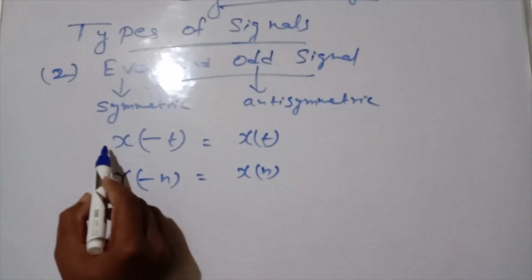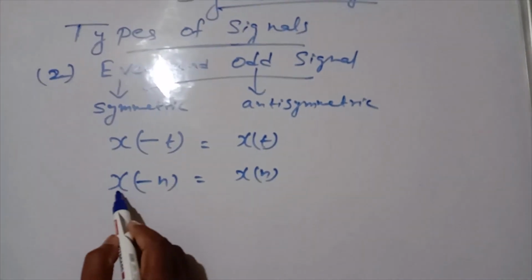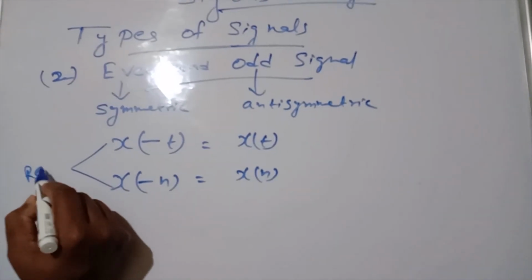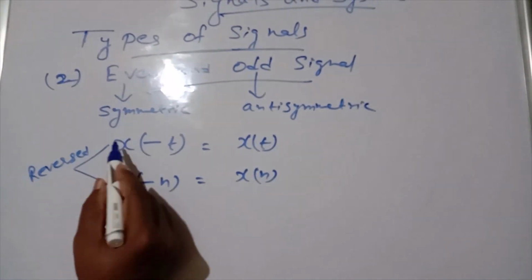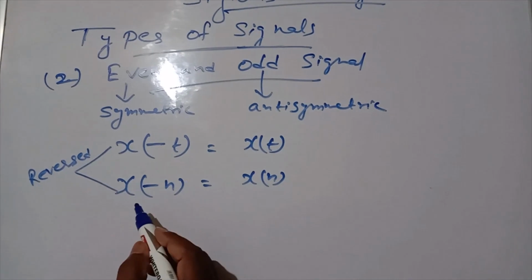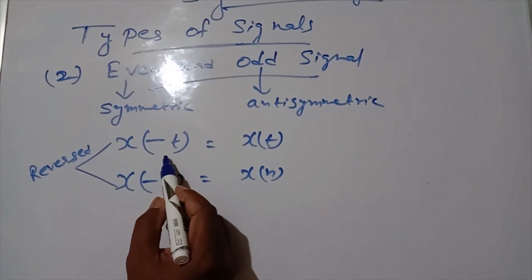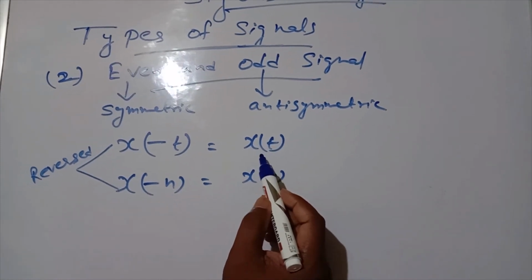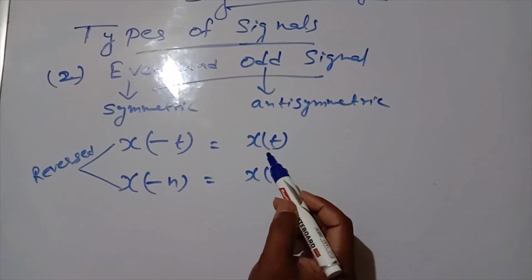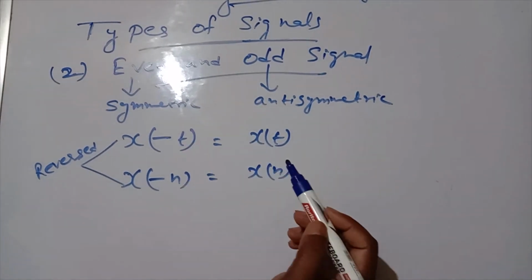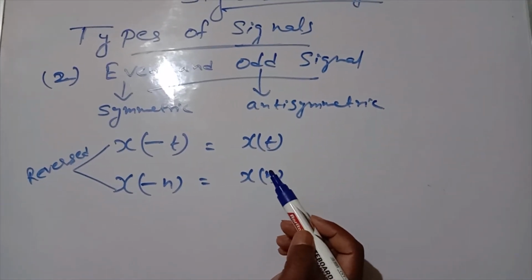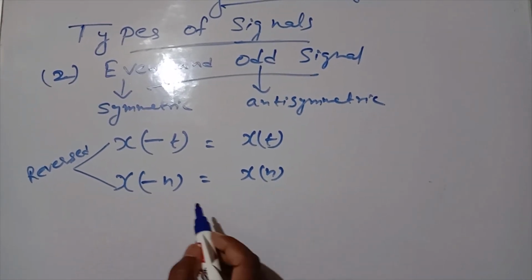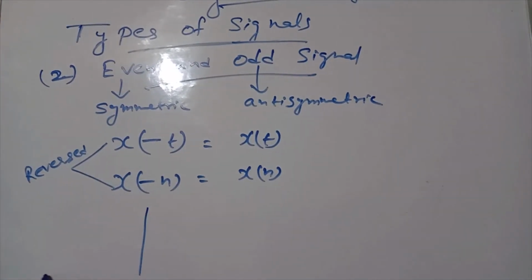Here we have to understand that x of minus t and x of minus n give the reversed signal, that is, the time reversal of the original signal. If we reverse the original signal and we get the same signal as x of t, then it is an even or symmetric signal, otherwise it is anti-symmetric. For example, consider a signal like this.